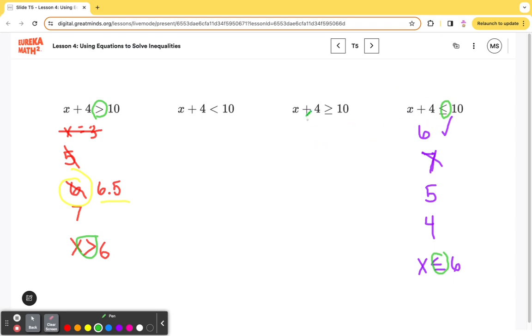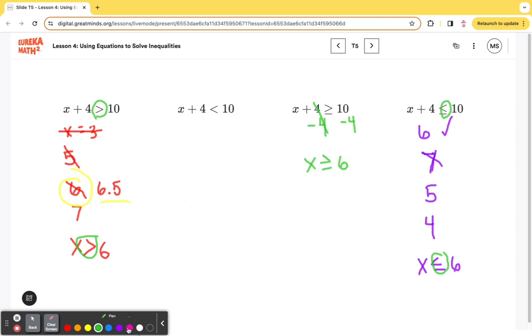So it's almost like you're just following the steps of a one-step equation, right? I could say here, what do I do? Well, I know I want to get x alone, so I'm going to subtract 4 from both sides. That's going to give me 0 over here, and I'm left with x is greater than or equal to 6.